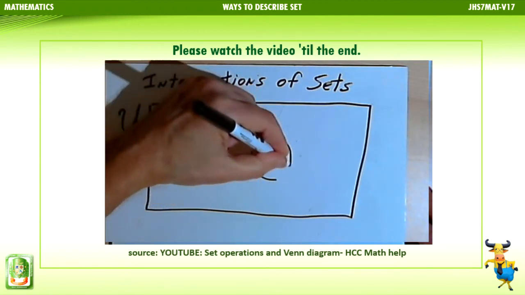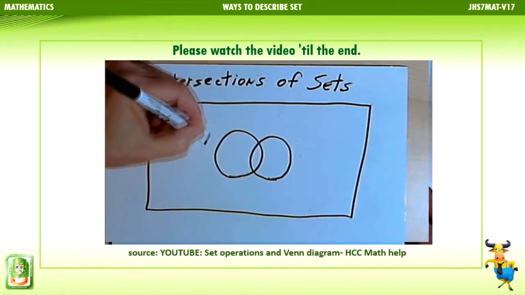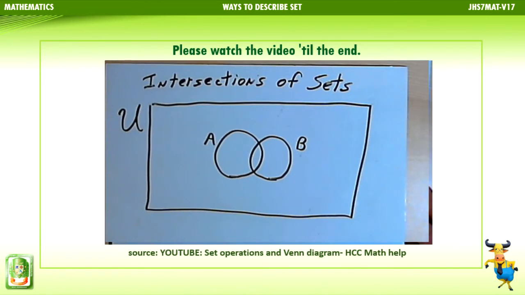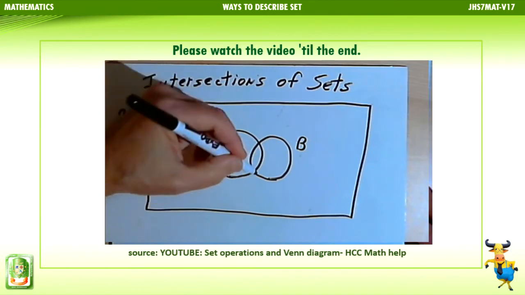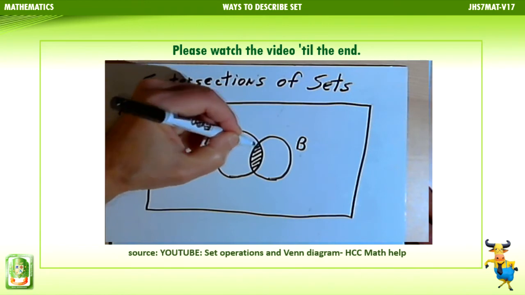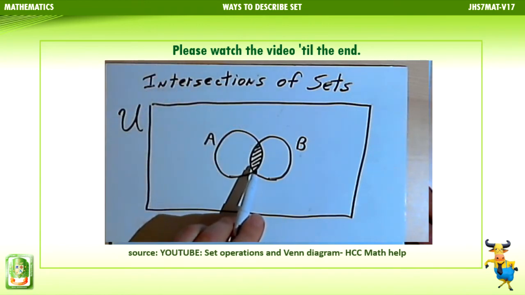I'm going to have these circles overlap. One circle will be set A, and the other circle will be set B. Now, since an intersection is only the elements that are in both sets, it's only going to be the area where I have an overlap that I have my intersection. So the intersection is that overlapping area.